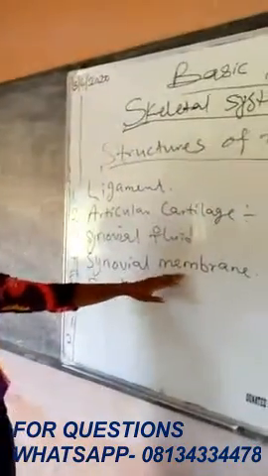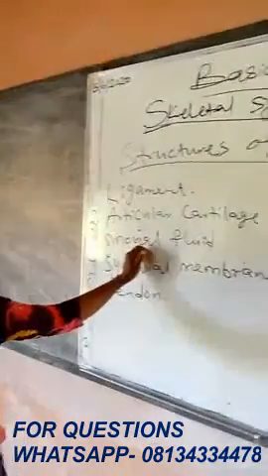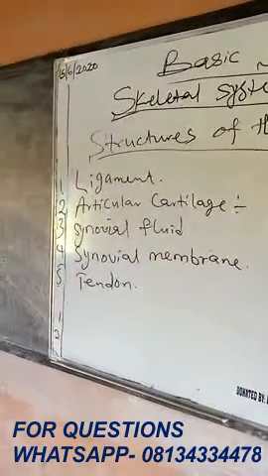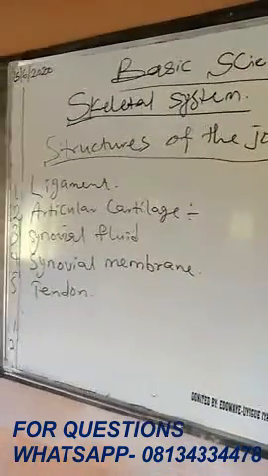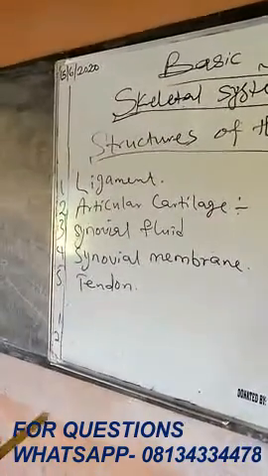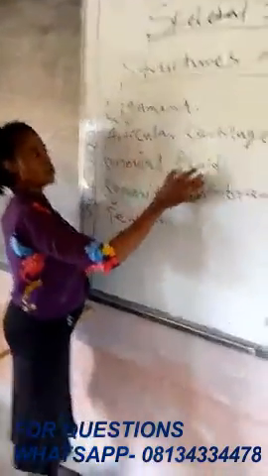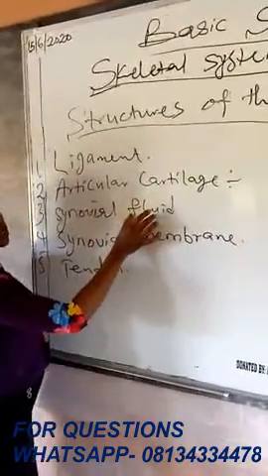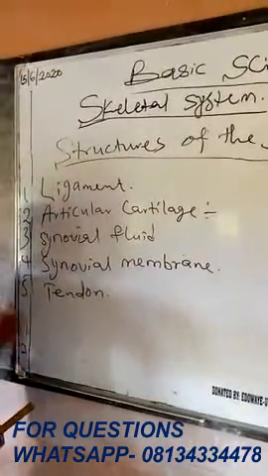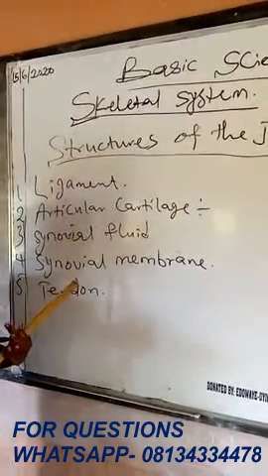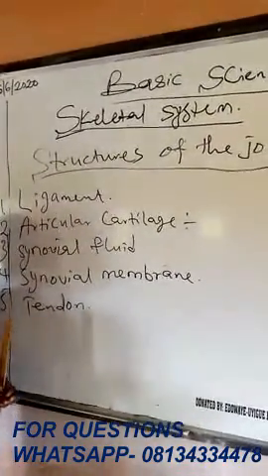Then the synovial membrane seals up the synovial fluids in the joints and secretes, which means produces, synovial fluids that help to prevent friction.